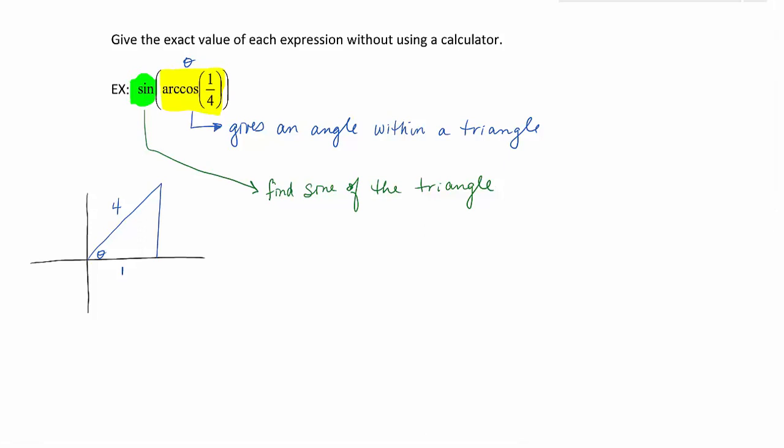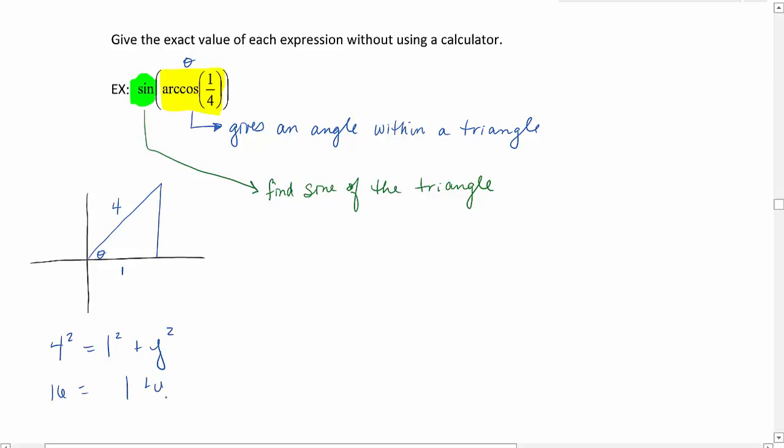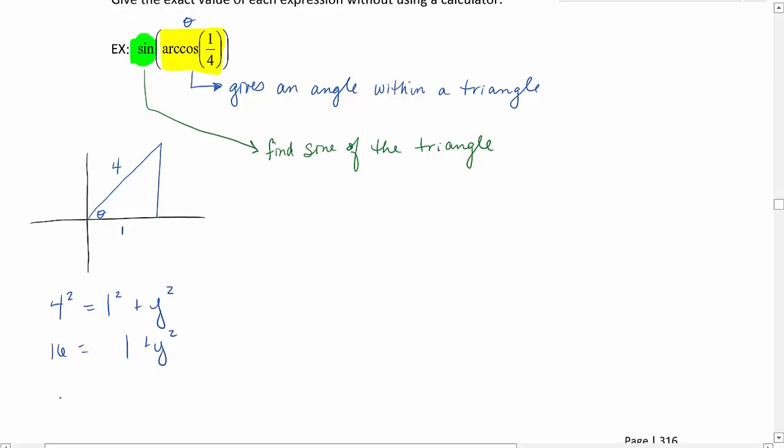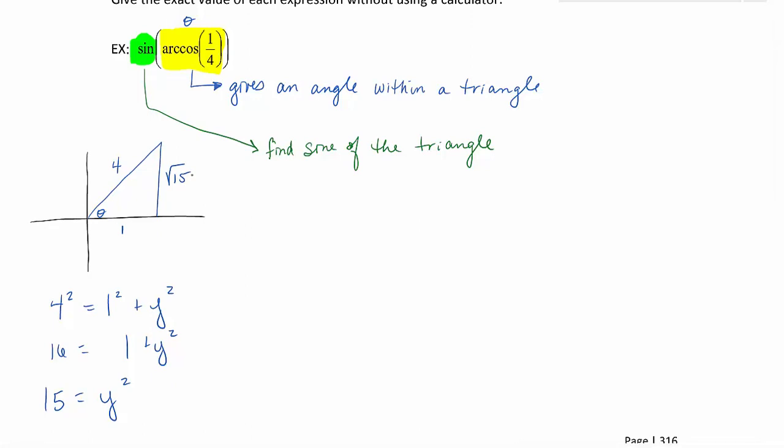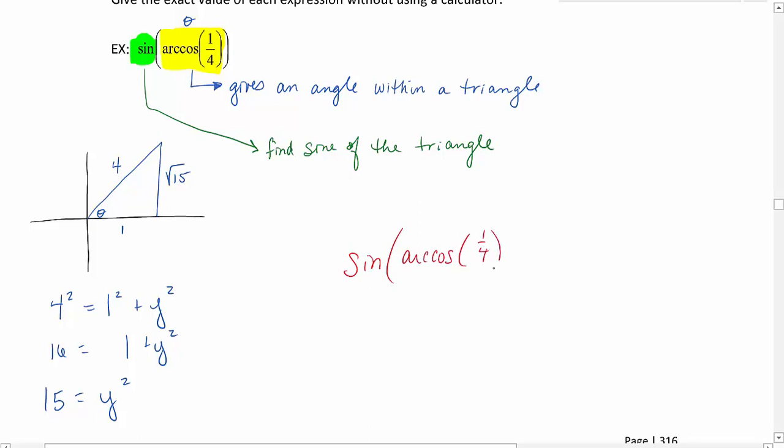So we're going to do Pythagorean theorem here. 15 equals y squared, so y is going to be square root of 15, which does not simplify. So again, we want the sine of this triangle. So sine of arc cosine of 1/4: the sine of that triangle is going to be square root of 15 over 4.